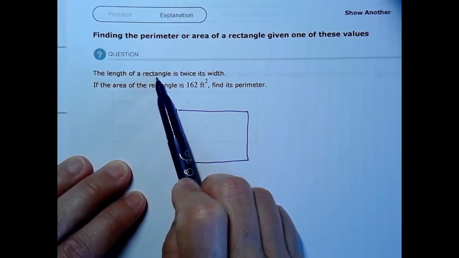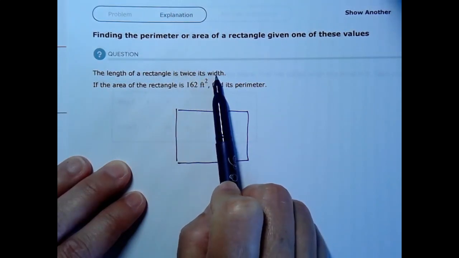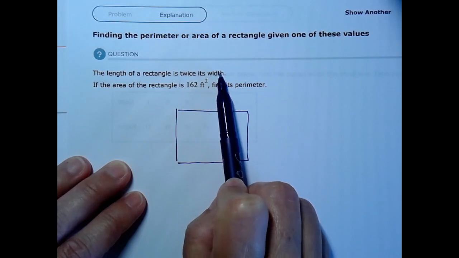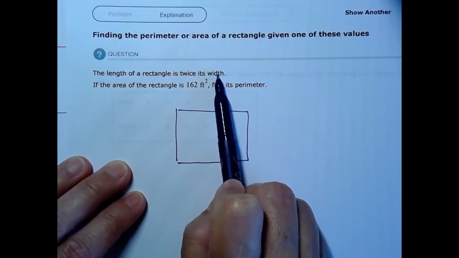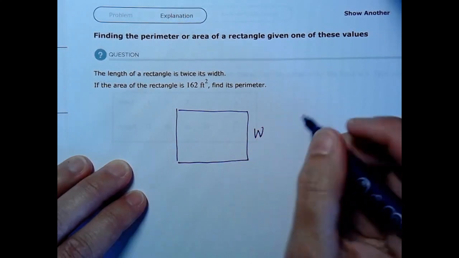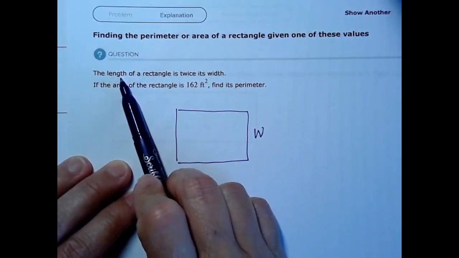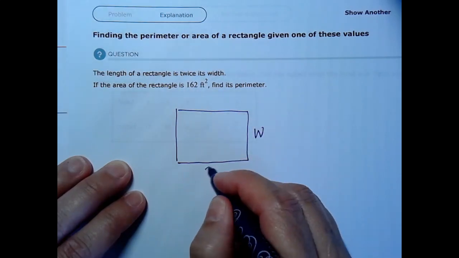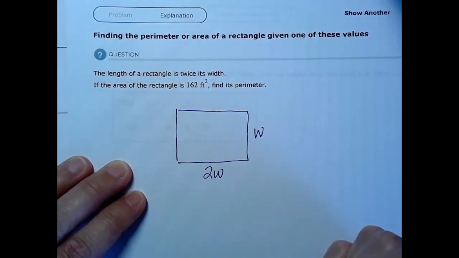The length of the rectangle is twice its width. Remember, I'm starting off with the width again. It usually comes at the end of the sentence where you start. So I start off with the width, so I put a W, and then the length is twice the width, so that means 2 times. So the length is 2W.